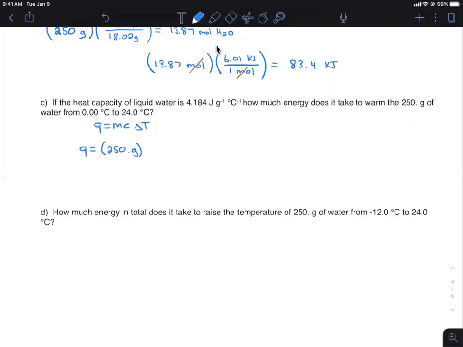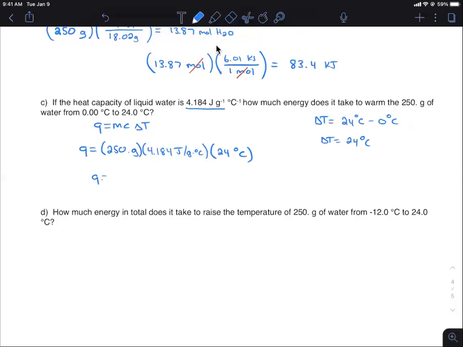Now C, we're given in the problem, is 4.184 joules per gram times degrees Celsius. And then the last thing is we need our delta T. Again, we can calculate delta T, final minus initial. In this case, we're going to 24 degrees. We started at 0 degrees. So delta T is 24 degrees Celsius.